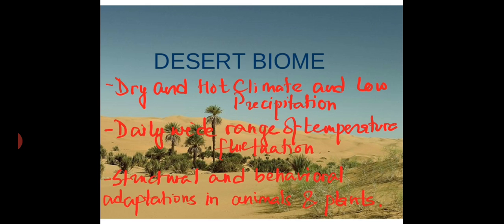Desert biome. Desert biome is characterized by dry, hot conditions and very low precipitation. Since moisture to absorb and store heat is very low, therefore daily and seasonal temperatures fluctuate widely in the desert biome.